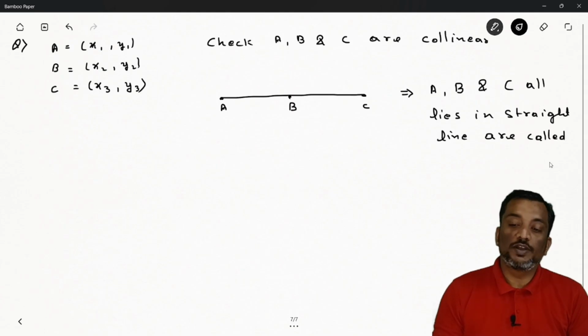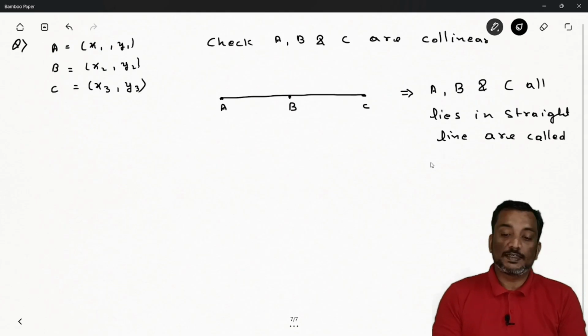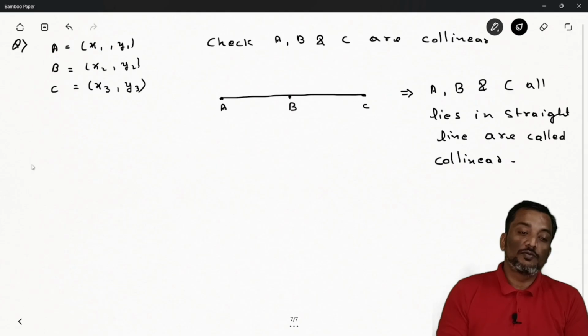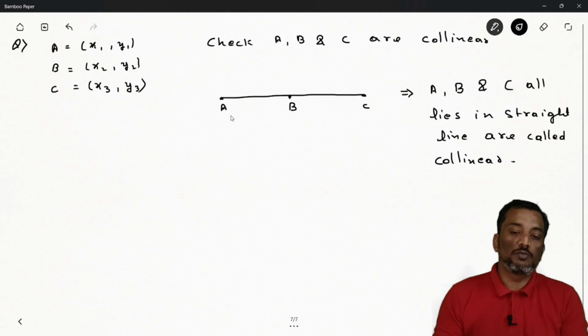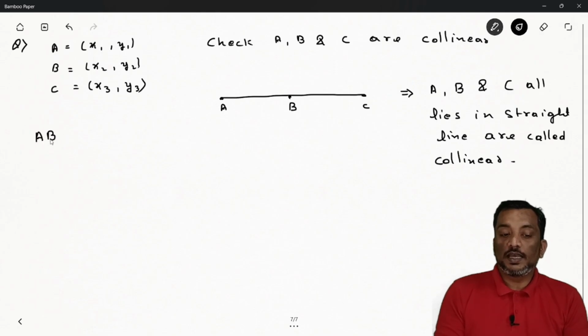Now how can we prove they all lie on a straight line or not? Simple, here we can use our distance formula. Based on the coordinates you have been given for A, B, C, we can find distance AB. In the same way we will find the distance BC, and then we will find AC.